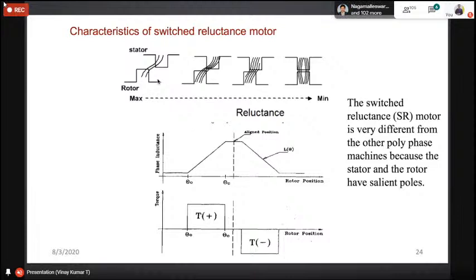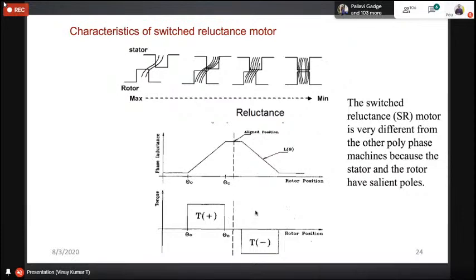Next, when our rotor poles are moving towards the stator pole, you need to excite the stator winding. Then automatically you will get positive torque. When our rotor poles are moving away from the stator pole, you need to excite the stator winding. Then you will get negative torque. Negative torque means your machine is operating in generating mode, right?